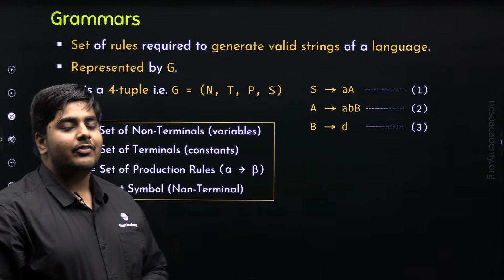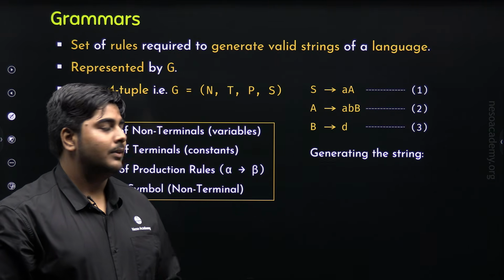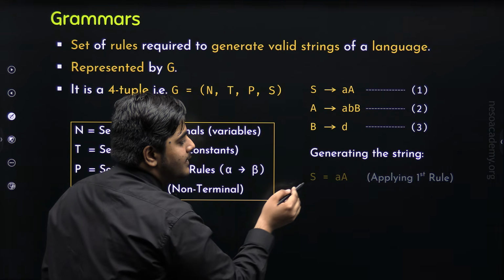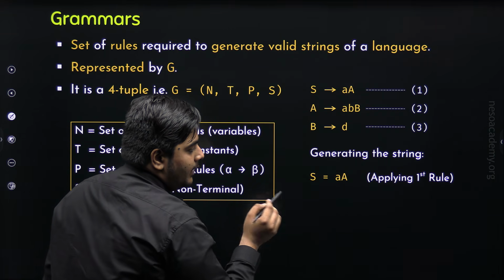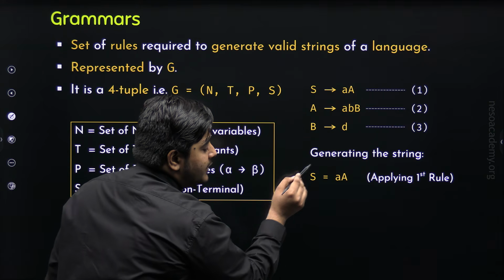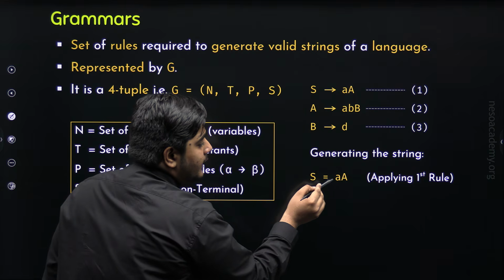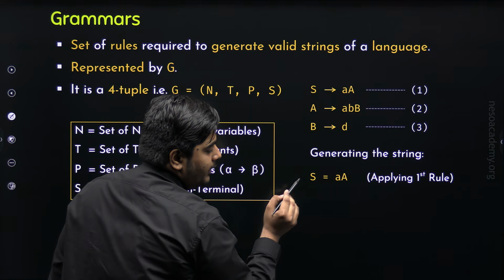Now, let's generate the string from this grammar. So first of all, we will apply rule number 1, that is S equals AA. This is the start symbol, which is replaceable by this term. Now here you can see, this is a terminal and this is a non-terminal.